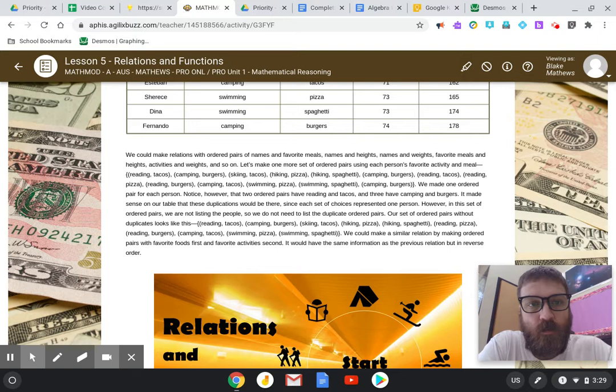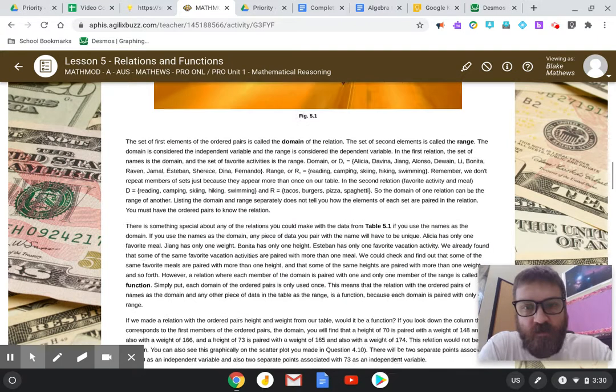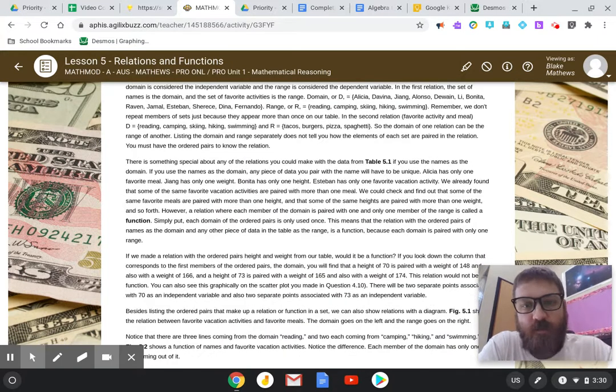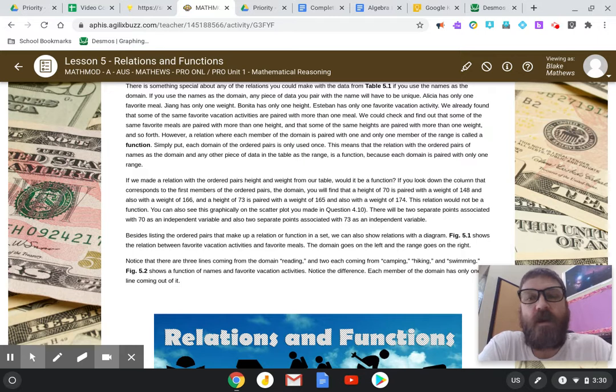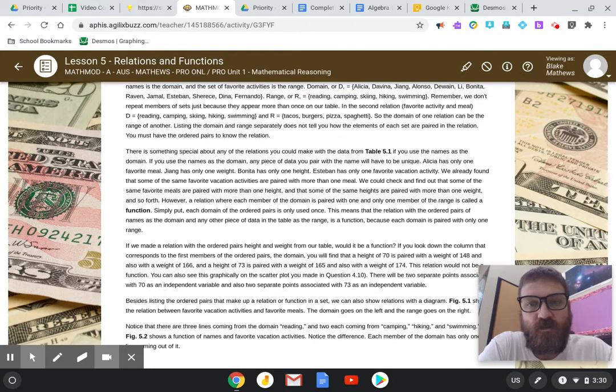So what that really talks about is a certain type of relation where there is some rule or some sort of connection that takes you from the first value to the second value of a relation.